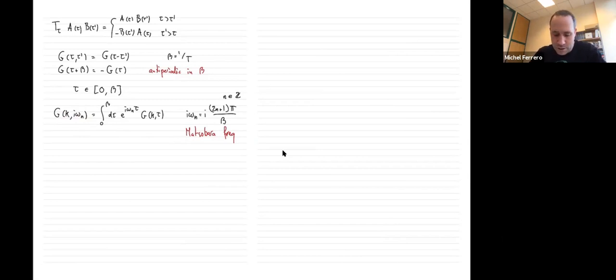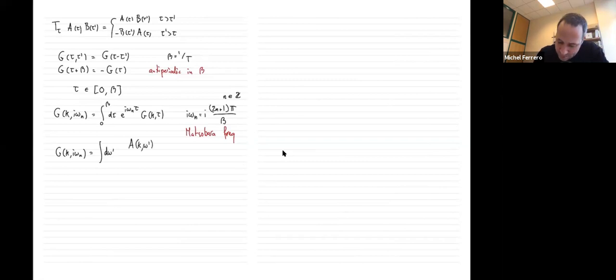Well, what's quite amazing and what one can show is that there's also a spectral representation for this Matsubara Green's function. It reads actually exactly like the other one. And that's how they connect.